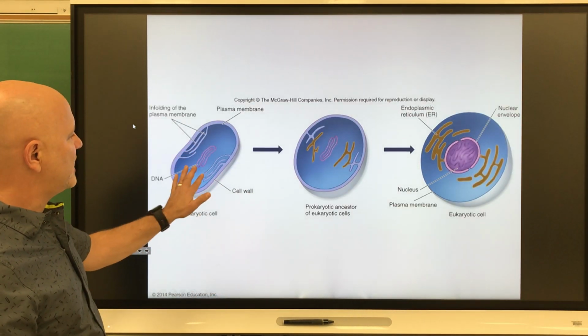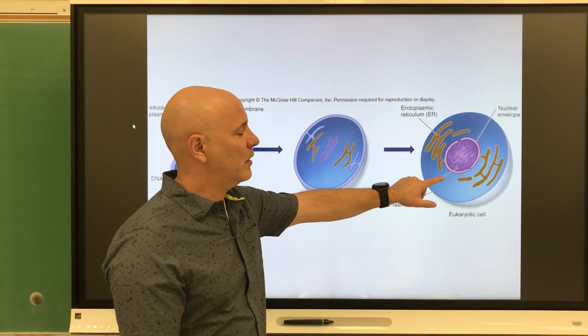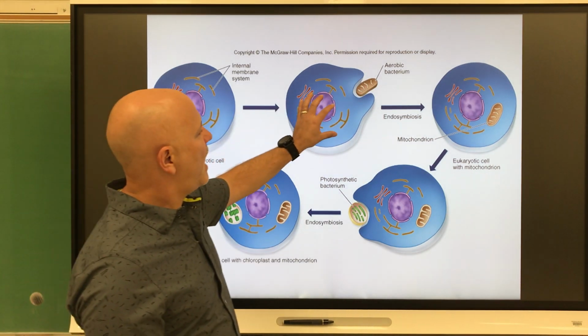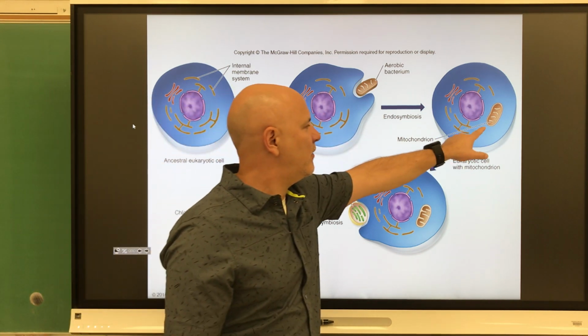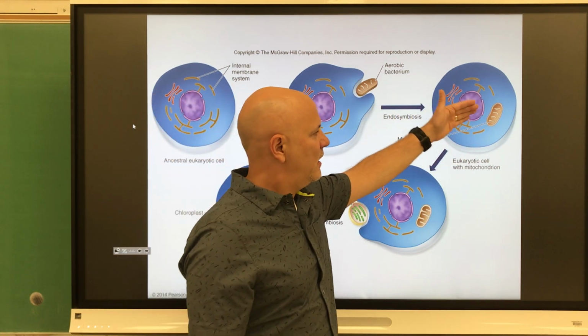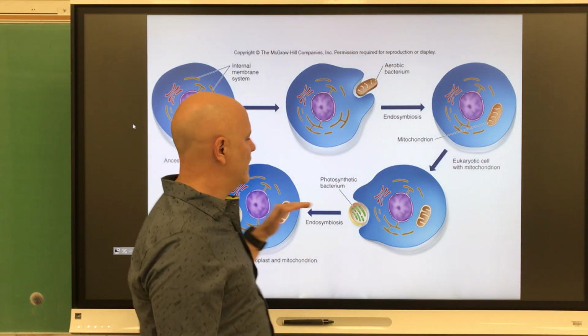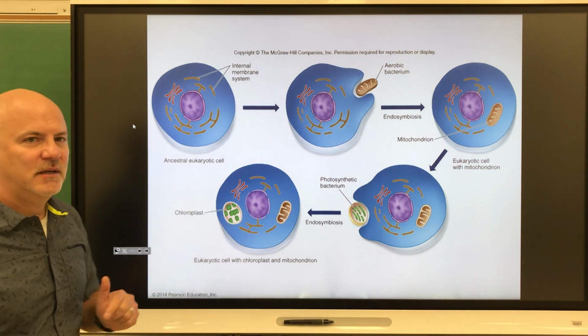So we find bacteria that are like this today, no chloroplasts or mitochondria in them. All right? And so what had to happen here is that an aerobic bacterium became the mitochondrion, and this then led into the fungal line and the animal line, and then this line where they engulfed the chloroplast became the plants and the algae.